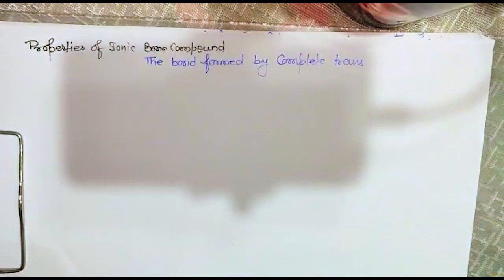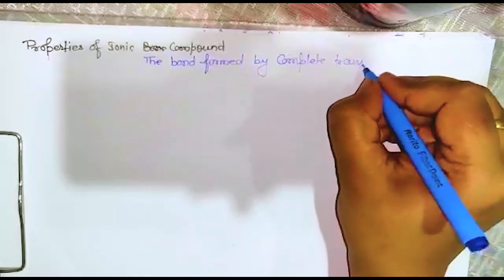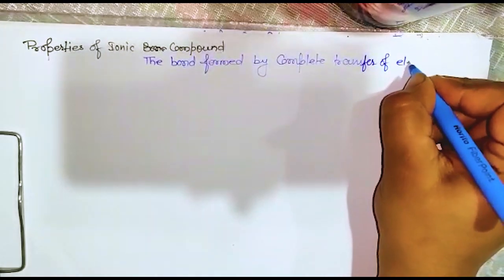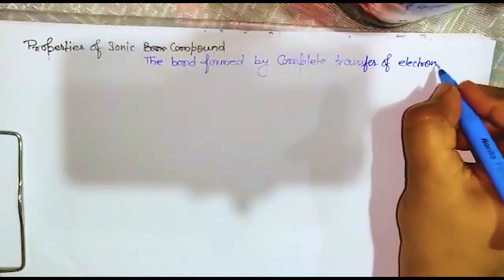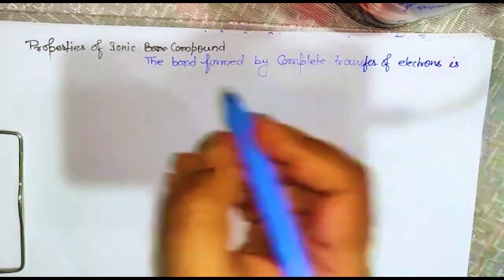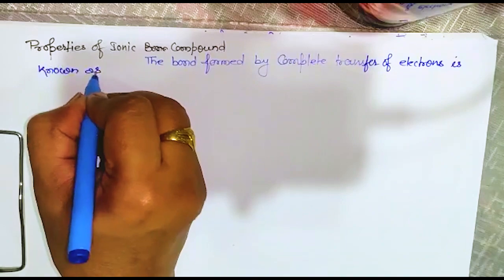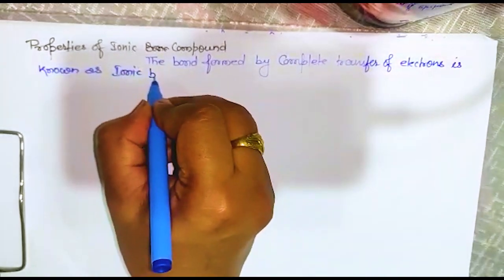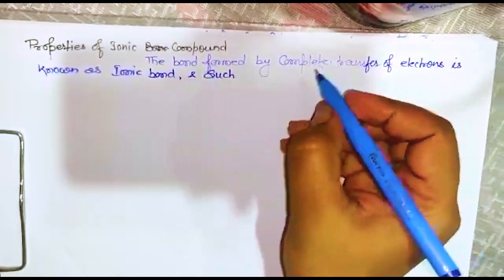I think I have not written this definition in the previous video, so let me write: complete transfer of electrons. The bond formed by complete transfer of electrons is known as an ionic bond, and such a compound is called an ionic compound.